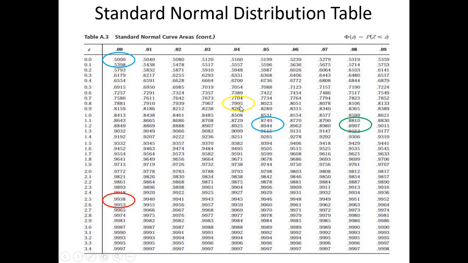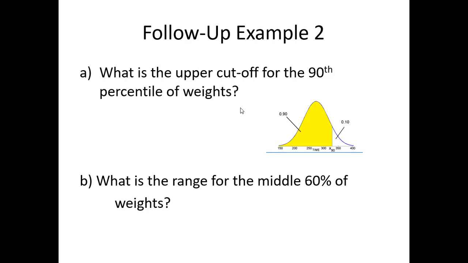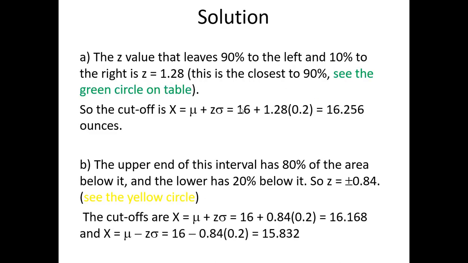So here's my value. The corresponding Z value is 0.84. So that's where I get my 0.84. And really, we could use positive and negative 0.84, because of the symmetry involved here. So for the cutoff on the high end, I'd use X as mu plus Z sigma, 16 plus 0.84 times 0.2.